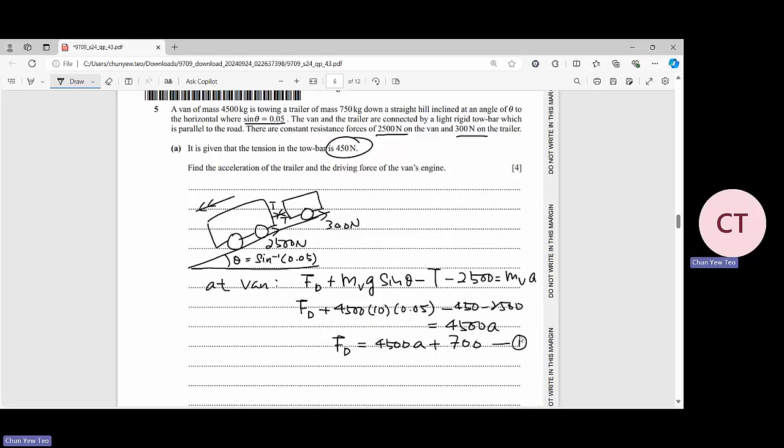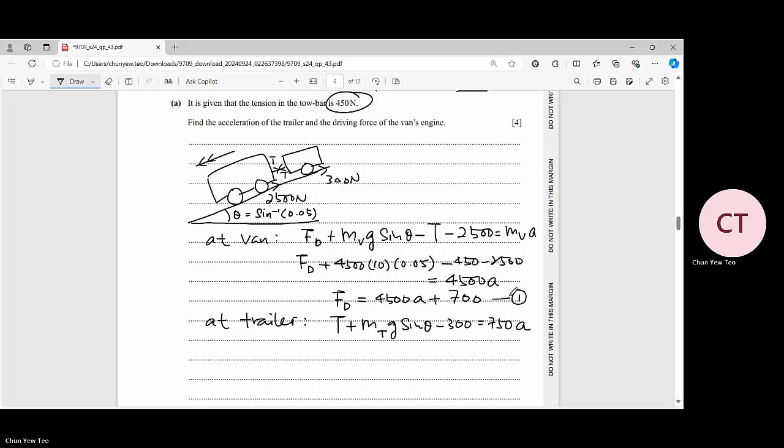Now if you consider the trailer, it will be T plus the mT g sine theta minus the resistance, and then equals 750a.